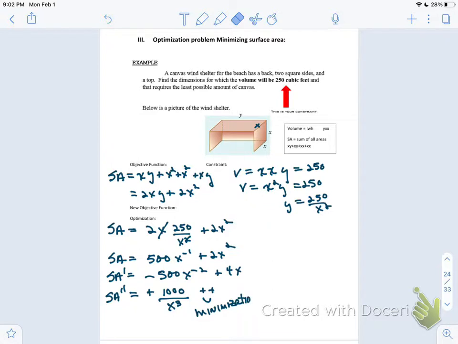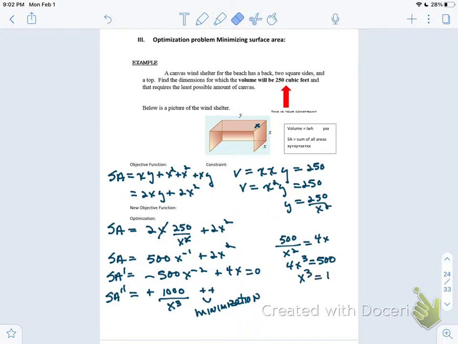Okay, so good. So let's get an x value. If you're going to set this equal to 0, it's going to be much better if you make the x to the negative 2 into x squared, and that's going to equal 4x. Do your cross products. 4x cubed equals 500. So 500 divided by 4 equals 125.